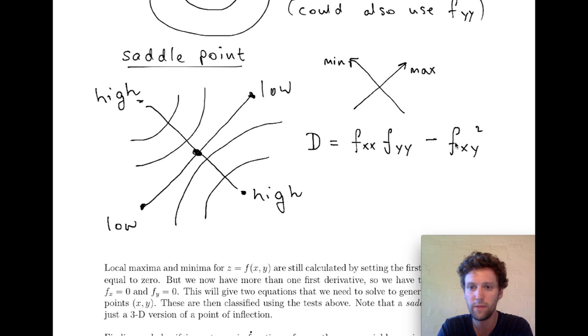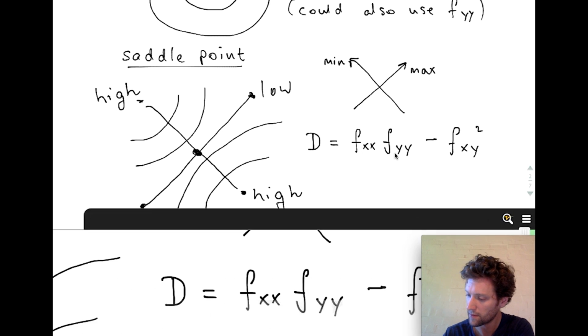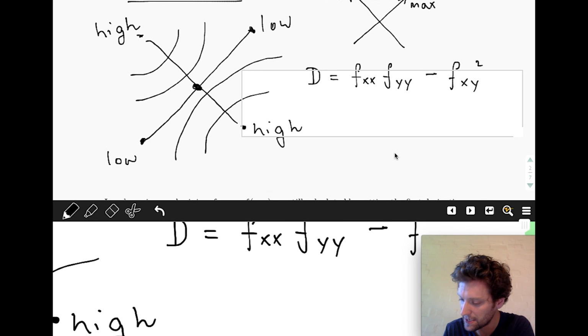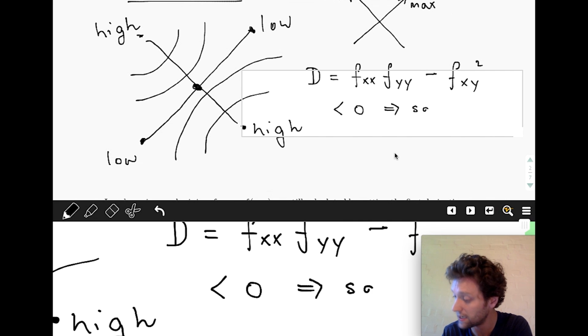And I said, ignore the mixed derivative term here, and the reason I can is because I've rotated everything so that it aligns with the x and y coordinates. So I've got a positive number times a negative number that gives me a negative number. And that's going to be what defines a saddle point. If I have that my function D is less than 0 at the critical point, it means I have a saddle point. It means I have open contours.